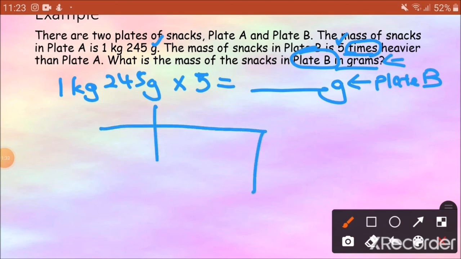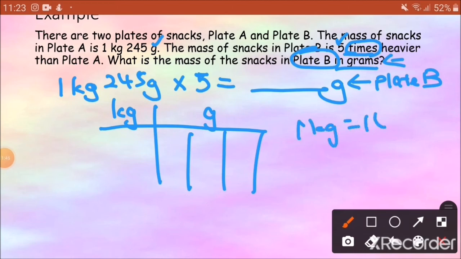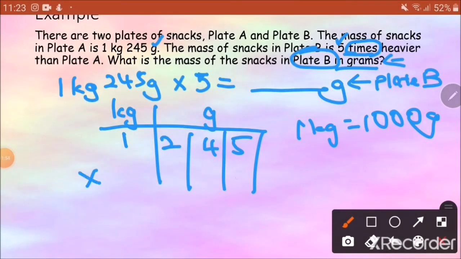The toilet method again, which is kg and gram. 3 toilets, because we have 3 zeros. 1 kg equals 1000 gram. So 1 and 2, 4, 5. Multiply by 5. So easy. So 5 times 5 is 25.